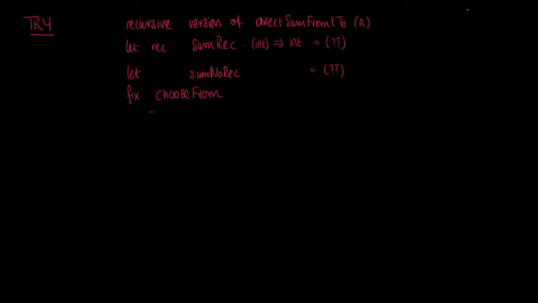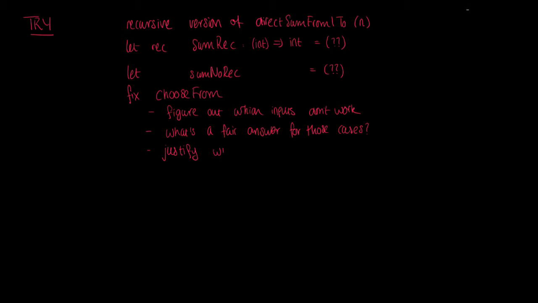Figure out what those inputs are and what you think is a fair answer to return for those cases. Try fixing the function so that it gives this fair answer and terminates for all cases. Justify why you think so using a base case and an inductive step. Is the solution you came up with the simplest and most efficient one?